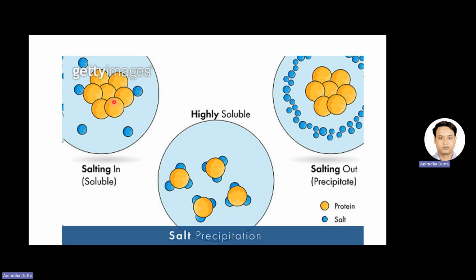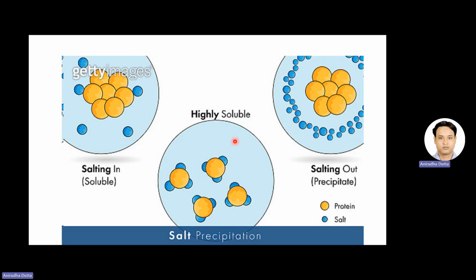Because of the charge repulsion, it will prevent aggregation formation, and it makes the protein more soluble. So in this stage, you see each and every individual protein molecule is interacting with different salt ions, and the aggregation is broken down. Now each individual molecule is in a soluble state.